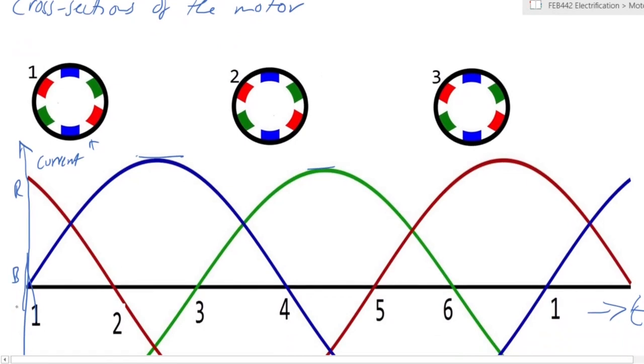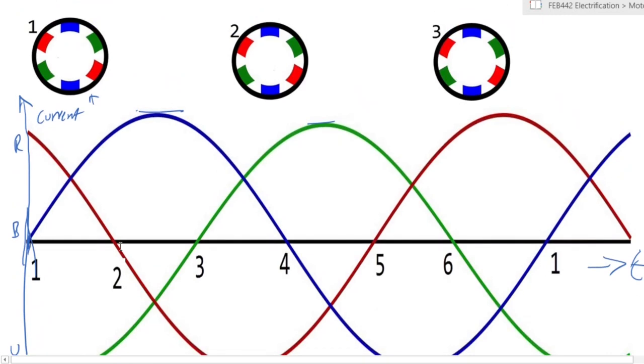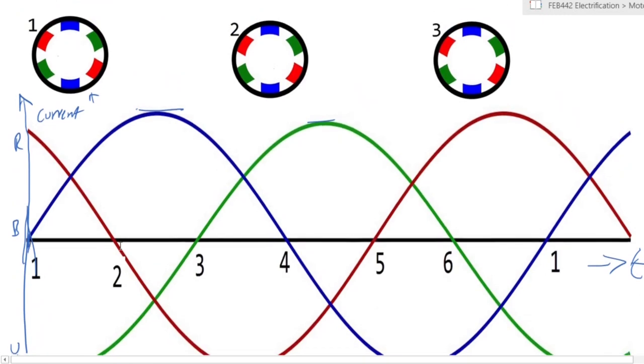So at instant number 1, we have your motor being represented here, right? So let's look at how the currents would be flowing at instant number 1 within the motor. So at instant number 1, how would the motor windings look like, right?